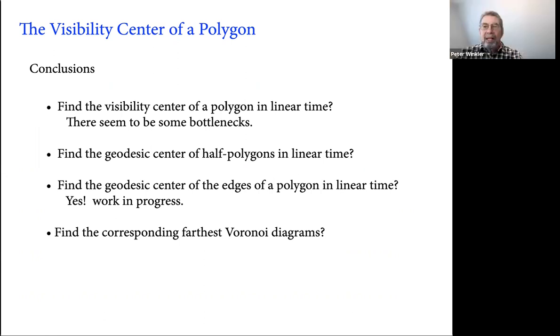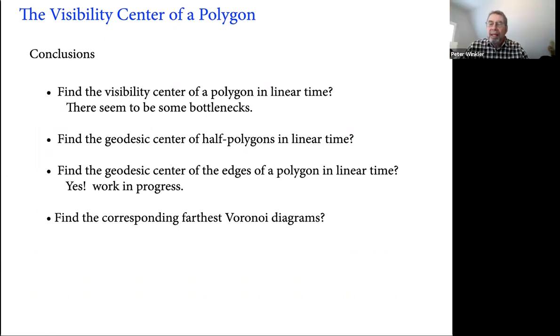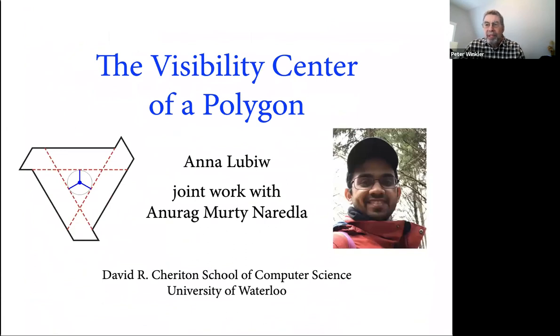Thank you for that nice talk, Anna. Could there be some interesting extremal problems here? For example, can you show that the visibility radius must be less than a quarter for any polygon of perimeter 1? I don't know.